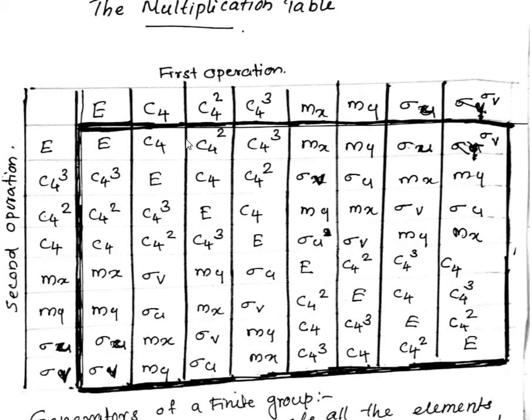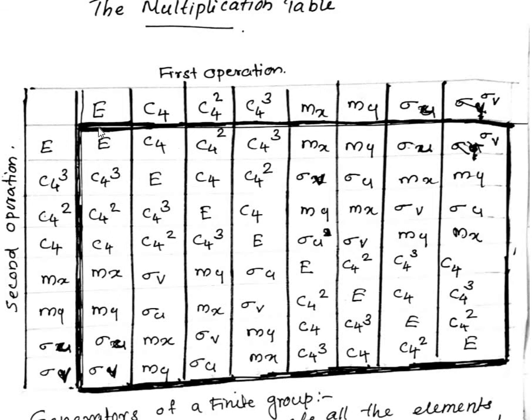Then c4 cube inverse is c4, and mx is the inverse of itself, my is the inverse of itself, sigma u is the inverse of itself, and sigma v is again the inverse of itself. So that you can check by doing these operations. It is a compulsory thing. Don't write the things blankly. You just do all the operations and find out all the elements of the multiplication table.